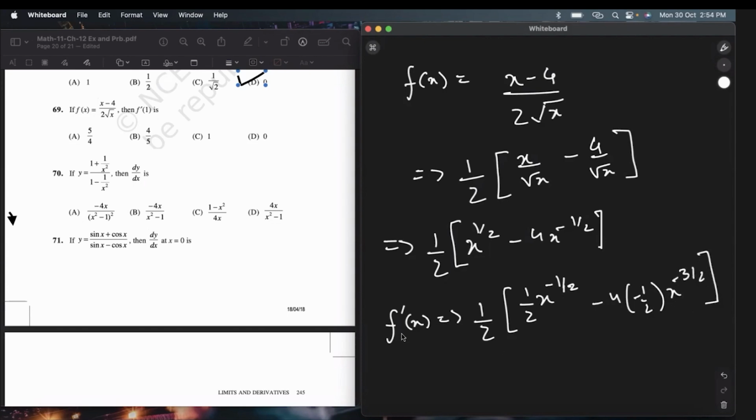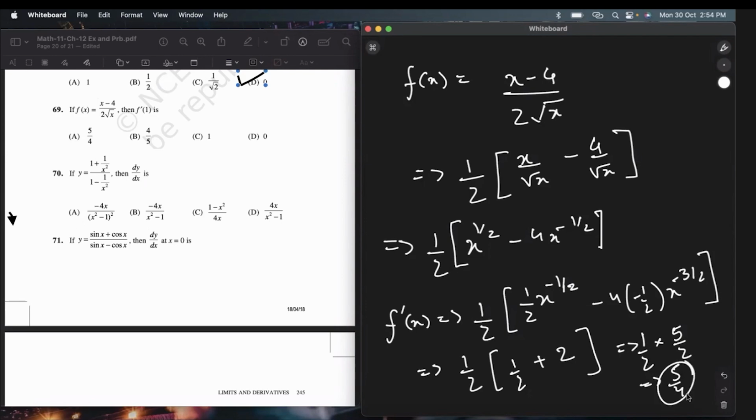So this is my f dash x. Now if I put the value for x equal to 1, what am I being left with is this. Minus minus will give me a plus 2, and x is 1. So this is half times 5 by 2. So this is 5 by 4. This will be your answer for this question.